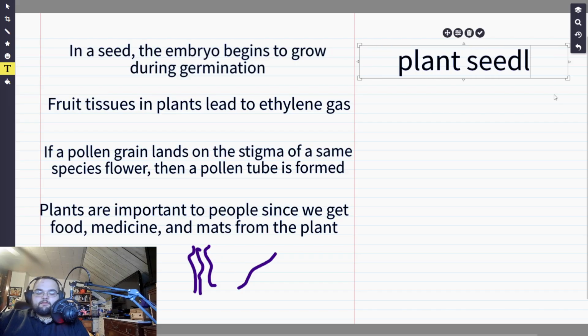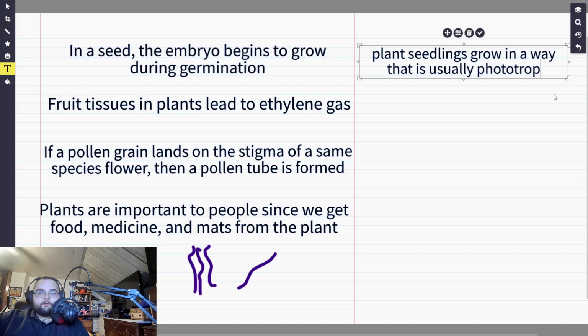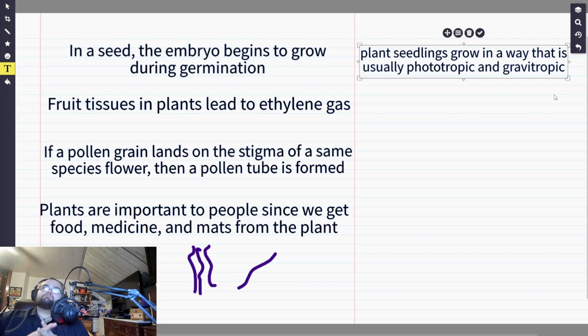Plant seedlings grow in a way that is usually phototropic and gravitropic. Photo, if you remember, is Latin for light, and gravi refers to gravity.